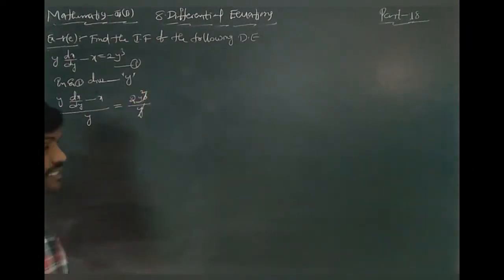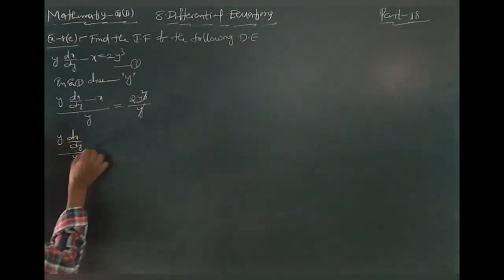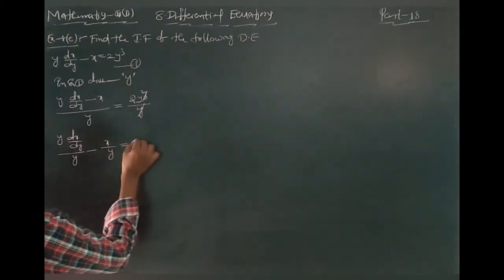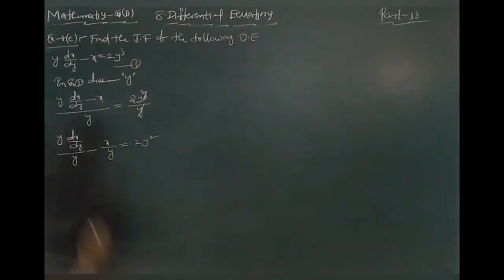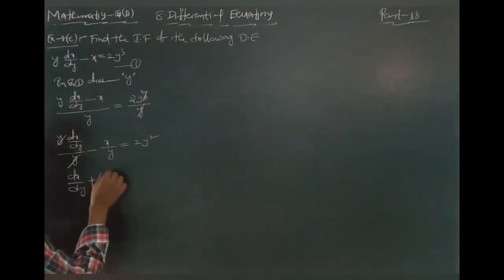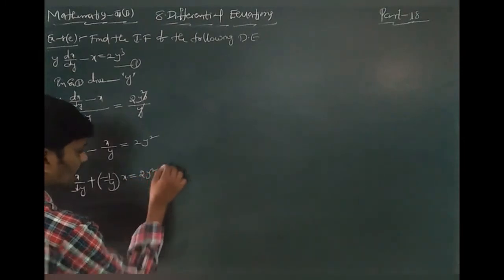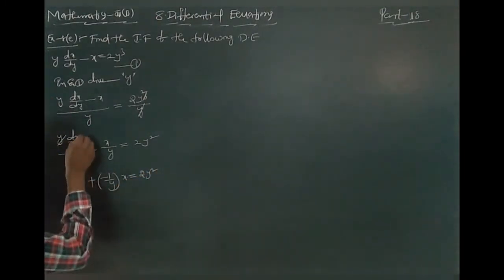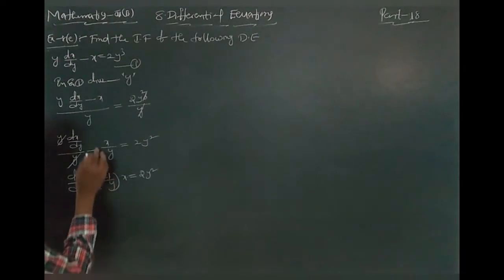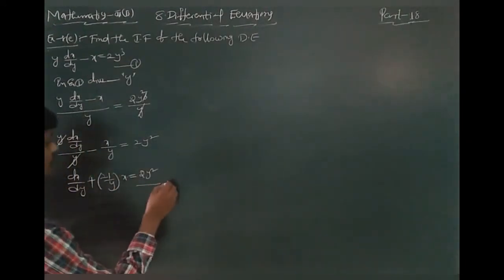Here y gets cancelled, remaining y square. Separating the numerator: y into dx by dy by y minus x by y is equal to 2y square. The y gets cancelled, so dx by dy plus minus 1 by y into x is equal to 2y square. Understood or not, students? Plus into minus you can write minus, and x into 1 by y you can write x by y. That is equation number 2.